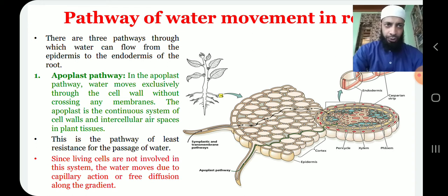Plant physiology. Question: pathway of water movement in root. The water moves from root hair, onto endodermis, then onto root xylem, then from root xylem to shoot xylem, from root xylem onto the top of the tree.